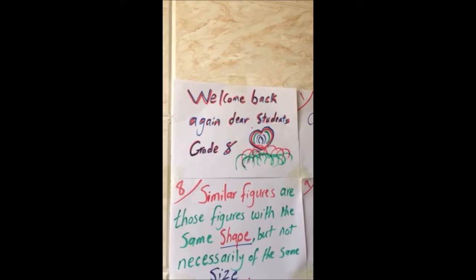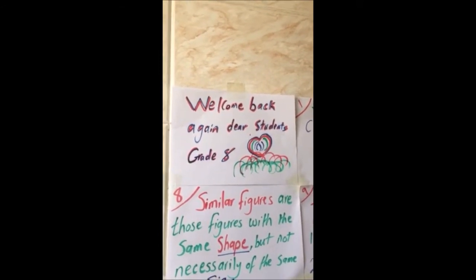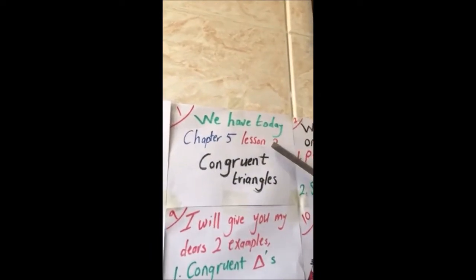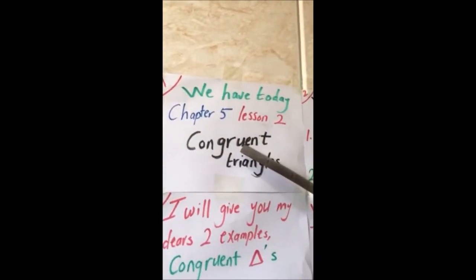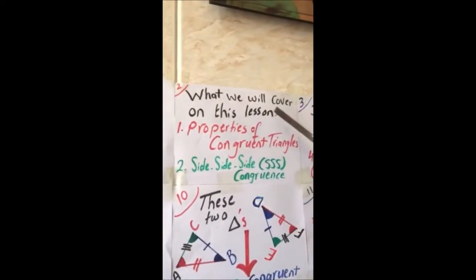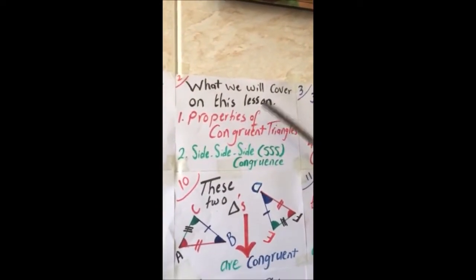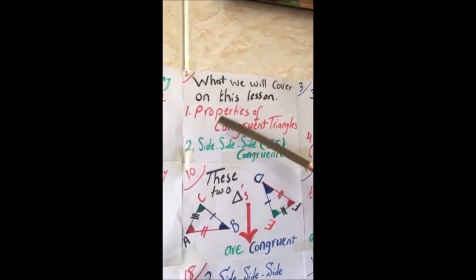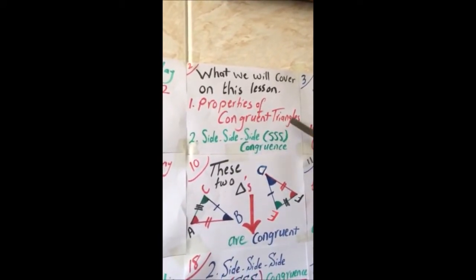I missed you. Today we come back again on lecture 2 and we have chapter 5, lesson 2. The title of this lesson is Congruent Triangles. So, what will we cover in this lesson? We have 5 things. Number 1, properties of congruent triangles.